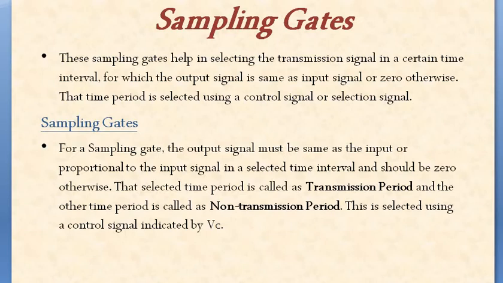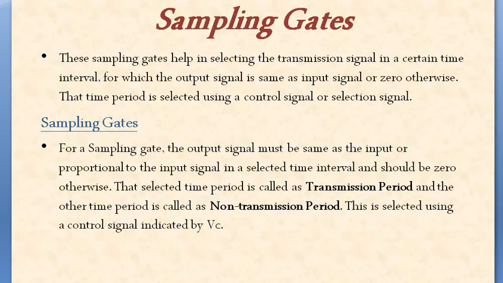What is the output of a sampling gate? It should be the exact reproduction of the input at a particular selected time interval, or you should be getting 0. The sampling gate helps you select a particular signal in a particular time, for which the output will be the same as the input, or else it will be 0 otherwise.